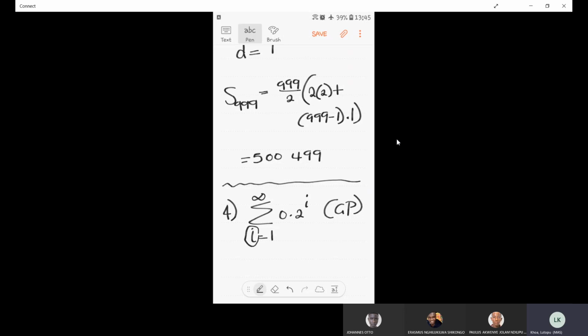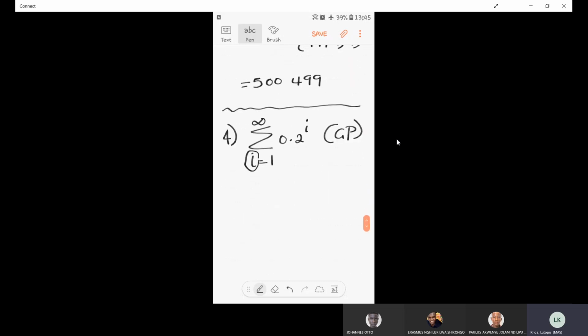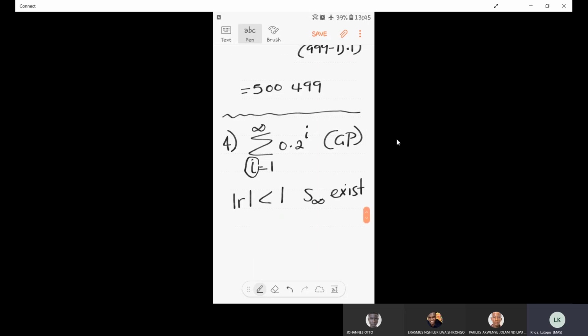Now, the way to check whether it exists or not is by taking the absolute value of r. If your absolute value of r is less than 1, then the sum to infinity exists. If your absolute value of r is greater than 1, then the sum to infinity does not exist.